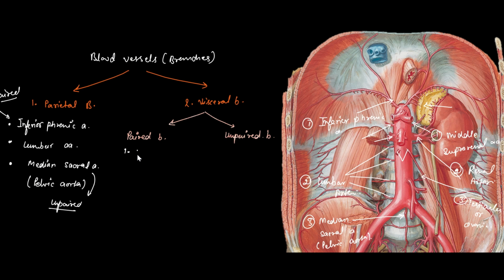So the first one was middle suprarenal arteries, okay. The second one was renal arteries, and the third one is testicular or ovarian arteries.